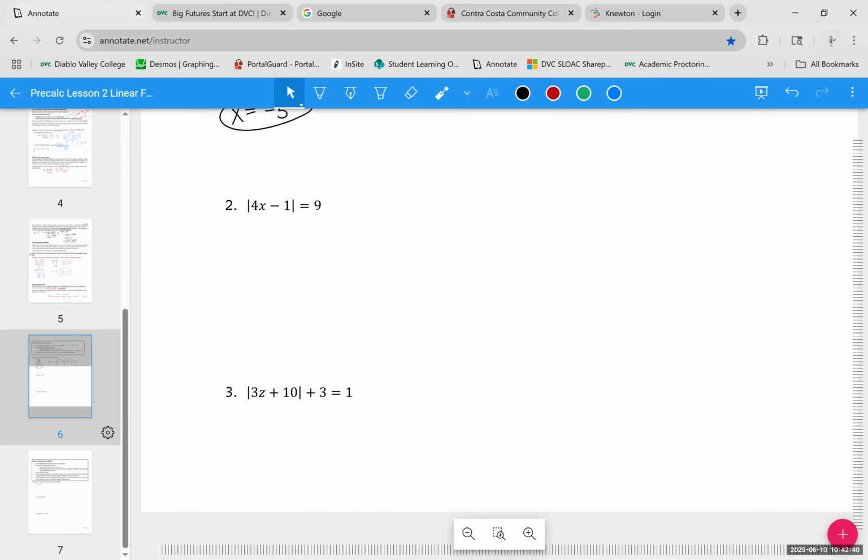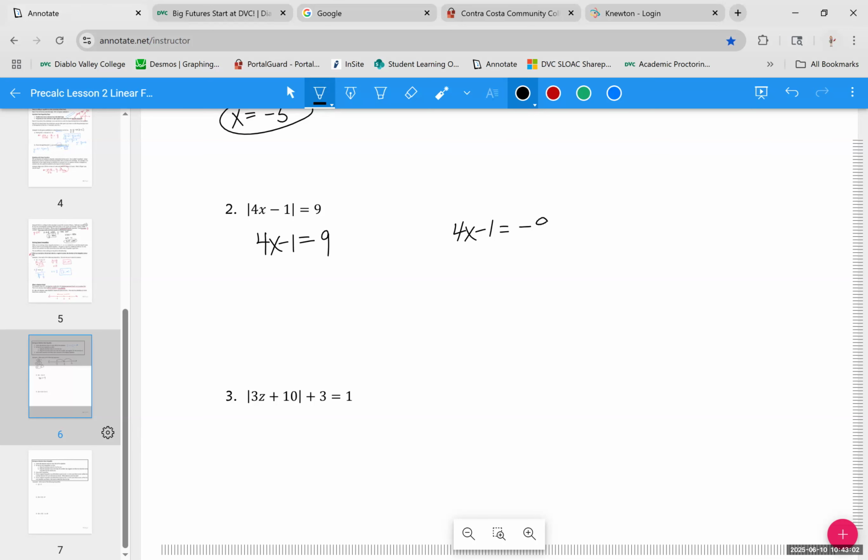But if you have more than just an x inside the absolute value, the idea remains the same. This thing's value is either 9 or -9 because it's either going right or left. So I have 4x minus 1 equals 9 for my first equation, and 4x minus 1 equals -9 for my second equation.